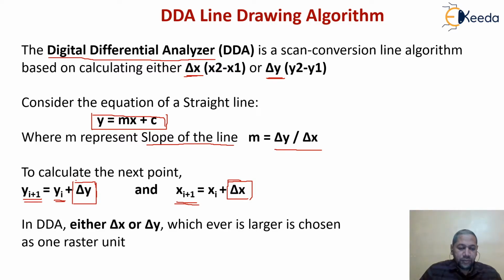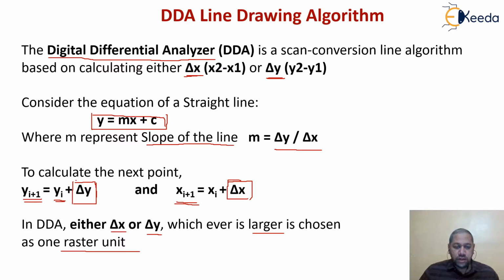Okay, so now as I'm going to write down the algorithm, first I have to find out whether delta x or delta y is larger. I have to choose between delta x and delta y, whichever is larger, and I consider it as my one raster unit, or rather the point to be used in my while loop.